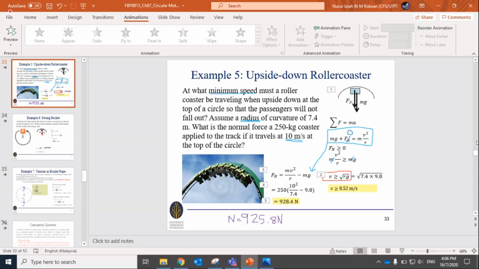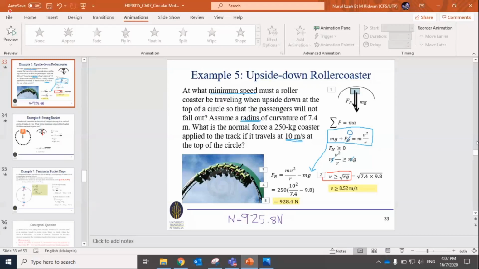Related to that, for the speed that is kept constant, you can calculate the centripetal acceleration and centripetal force. These are very much related to the velocity and also the radius of the circular path.